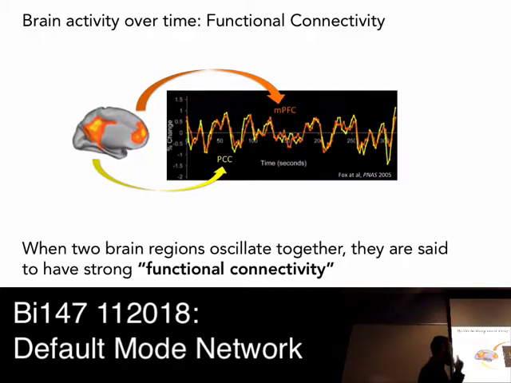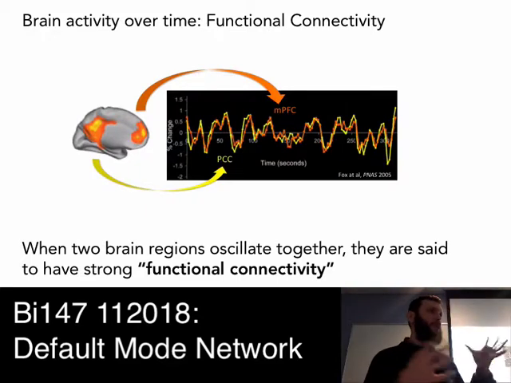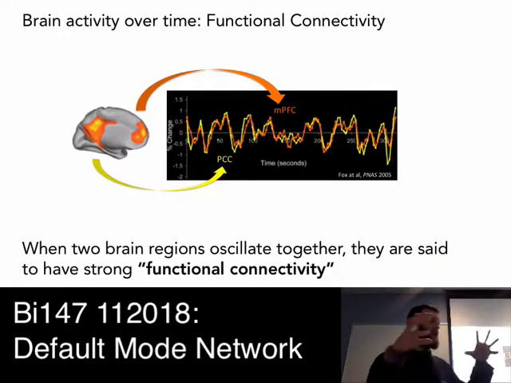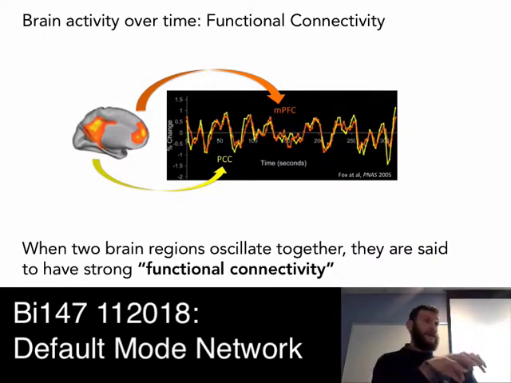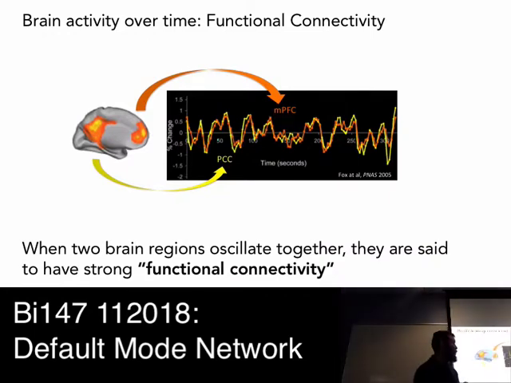So when two regions of the brain are firing together, and I sort of started unpacking this idea last time when we talked about stabilizing synapses, when two parts of the brain are firing together, we call that functional connectivity. So what we're looking at here is percent change in activity in a brain region. This is the yellow trace back here, and here's the orange trace.